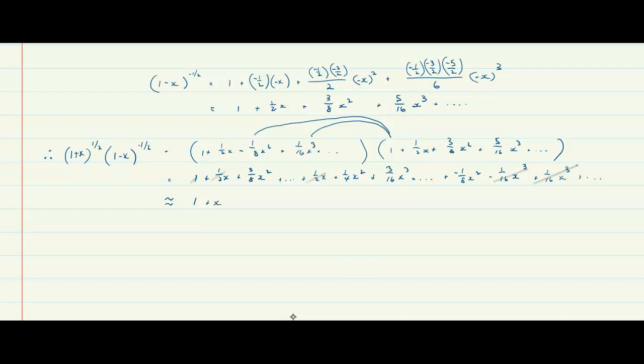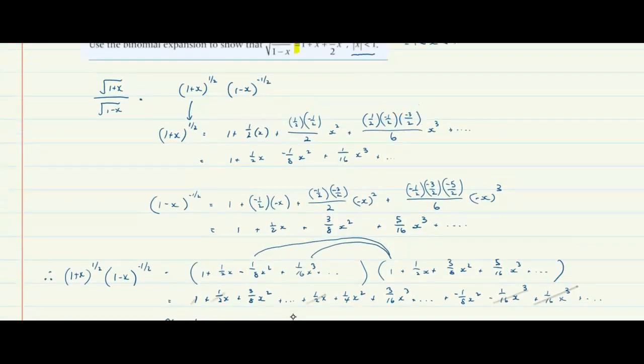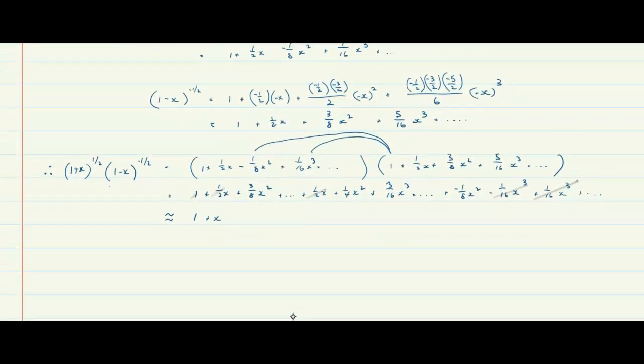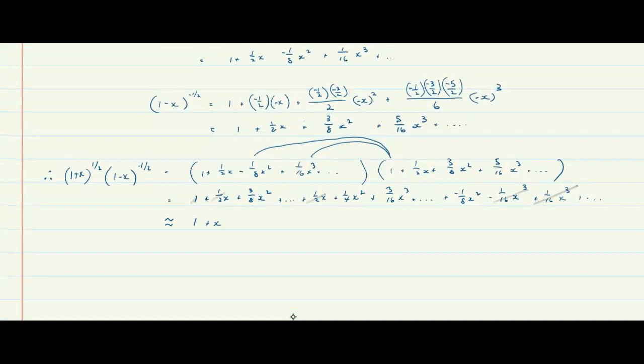Now I've got 3/8 x squared. I'm not even getting to powers of 3. So 3/8 x squared plus a quarter x squared gives me 3/8 plus 2/8, that's 5/8 x squared. Subtract 1/8 x squared, that's 4/8 x squared, so that's a half x squared. And that's as far as we go. We're not taking the cubics into account, so that's as required.